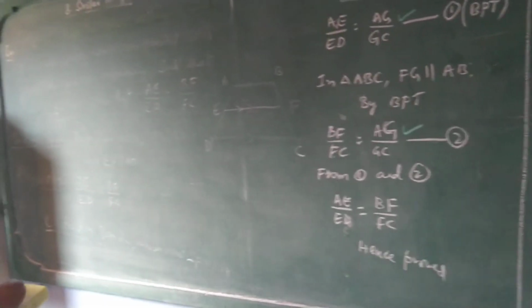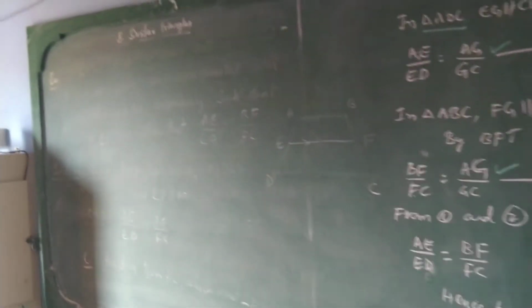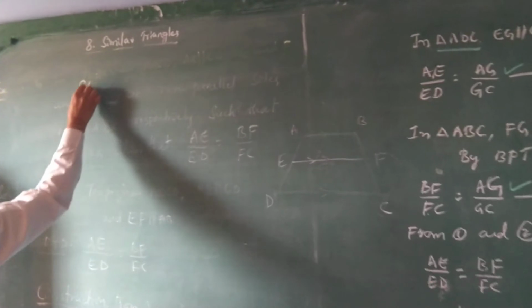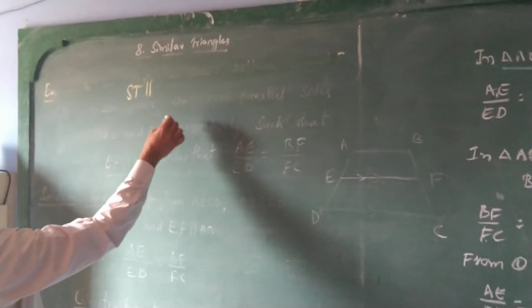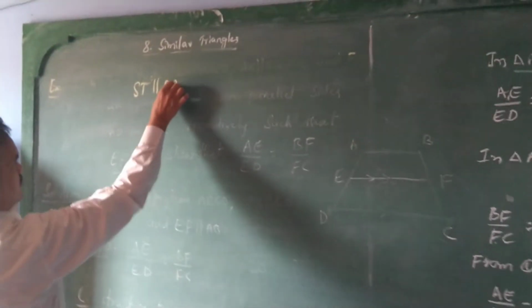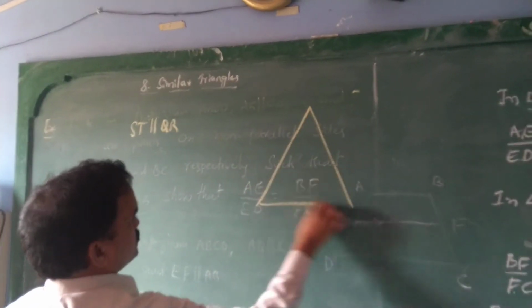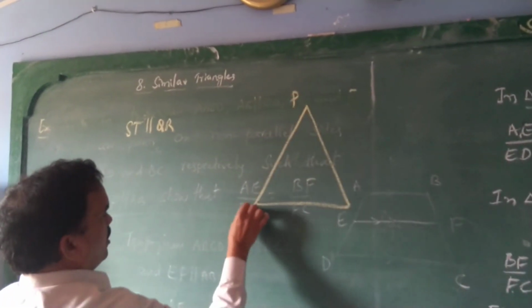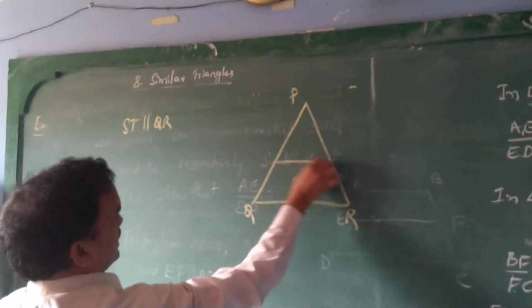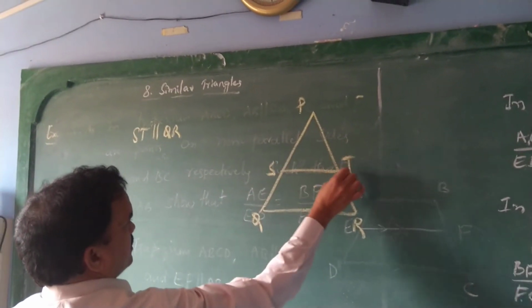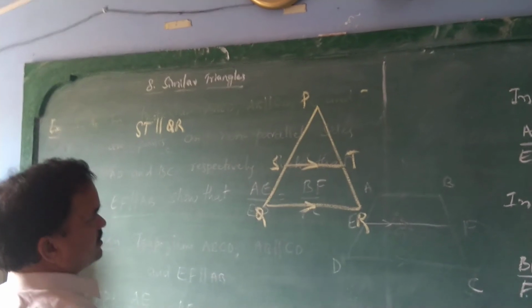See carefully, ST is parallel to QR from the diagram. In triangle PQR, with S and T, this is parallel to this.